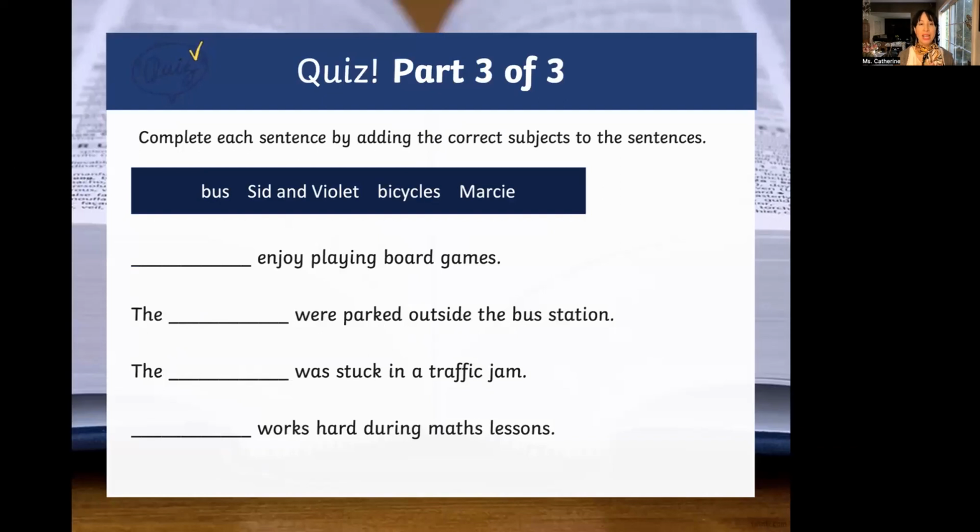Okay, the blank were parked outside the bus station. Third sentence, the blank was stuck in a traffic jam. Last sentence, blank works hard during maths lesson.